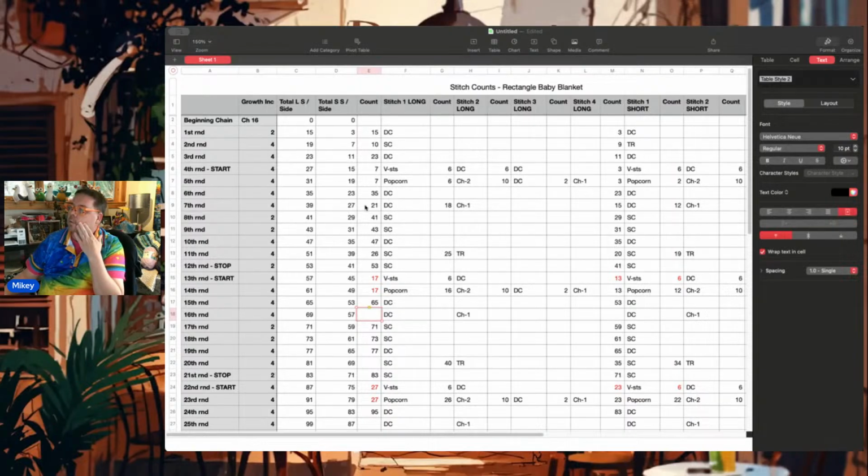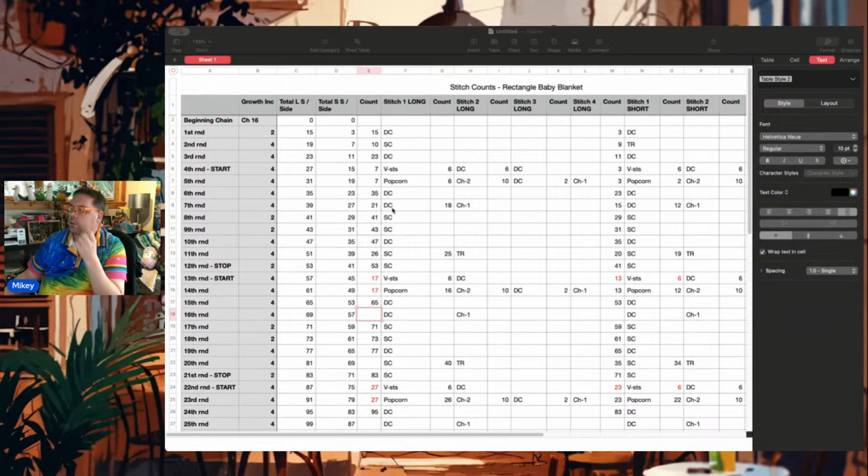Okay, so let's take a look at the math. So we have 39 stitches, 21 of those are double crochet. 39 minus 21 equals 18. So 21. So the next time I see this, what is the number going to be?